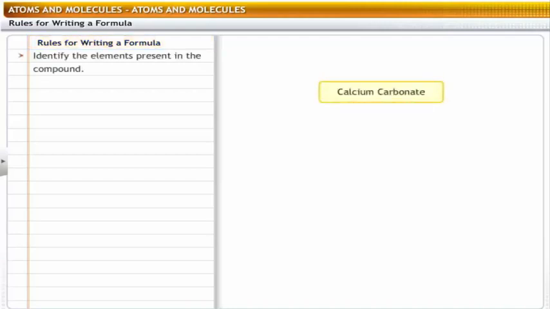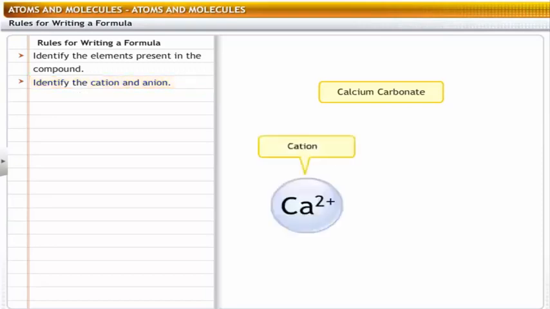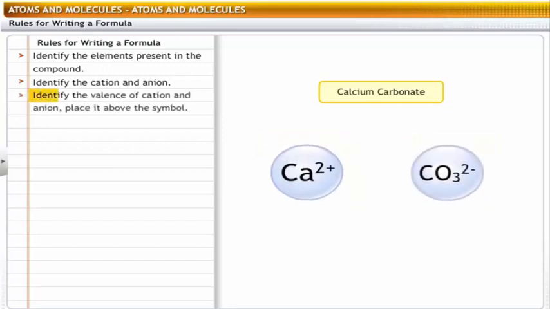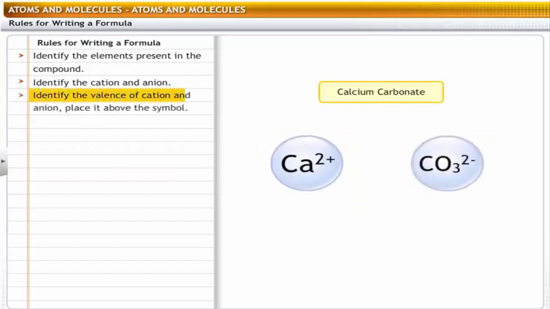Let us write the formula of calcium carbonate. First and foremost, identify the elements present in calcium carbonate. They are calcium, carbon, and oxygen. Identify the cation and the anion. In calcium carbonate, calcium is the cation and carbonate is the anion. Next, identify the valency of the cation and the anion and place it just above the symbol.